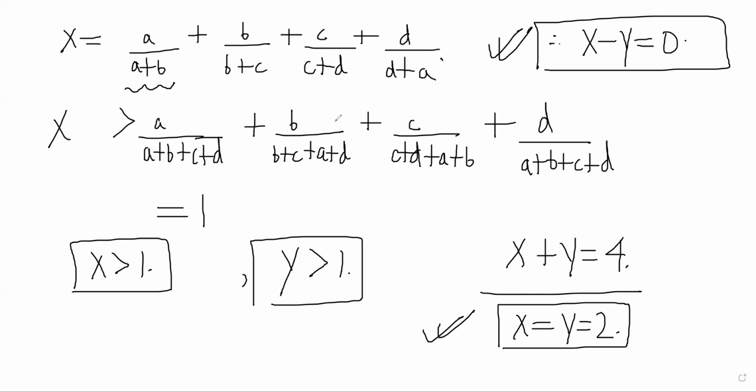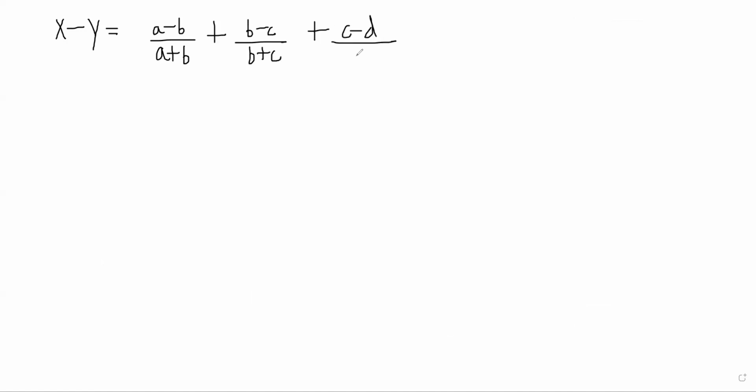The next few steps are basically pure simplification of algebra. So we have x minus y, which is equal to a minus b by a plus b plus b minus c by b plus c plus c minus d by c plus d plus d minus a by d plus a must be equal to 0, right? So this is pure simplification.